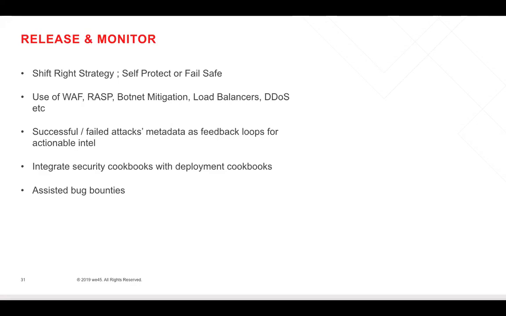Some of them are your WAFs and your RASPs. RASPs are a great way to keep the application in check while it's being used, because they simulate an agent-based mechanism that actively checks for security issues at the production level as the application is being used.